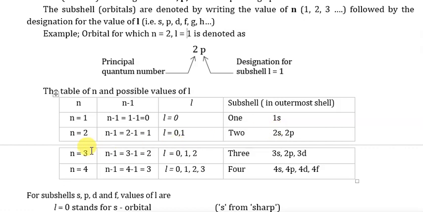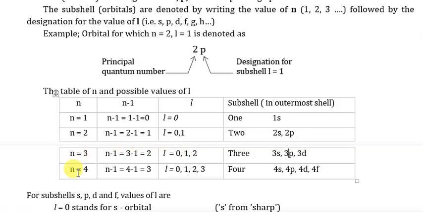Kama n is equal to 3, outermost shell hiyo n is equal to 3, then tutasema kwamba n-1 itakuwa ni 2. Values of L zinaanzia 0, 1 hadi 2. So tutakuwa na 3 orbital, 3s, 3p and 3d.